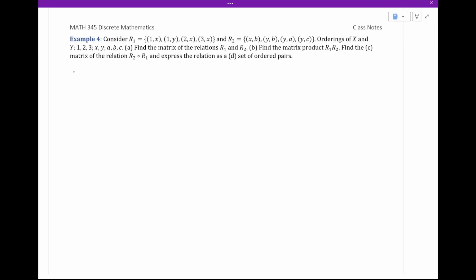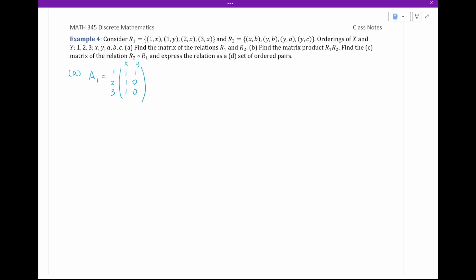Let's see, I want to find A1. These first ones are the elements of the rows, so that's 1, 2, and 3. And then for my columns, I'm doing x and y. So I've got 1x, 1y, 2x, and 3x.